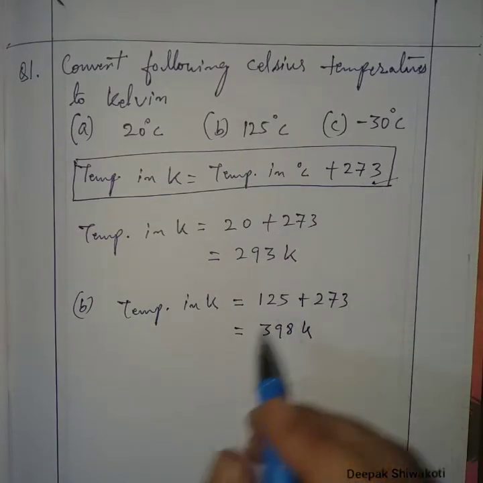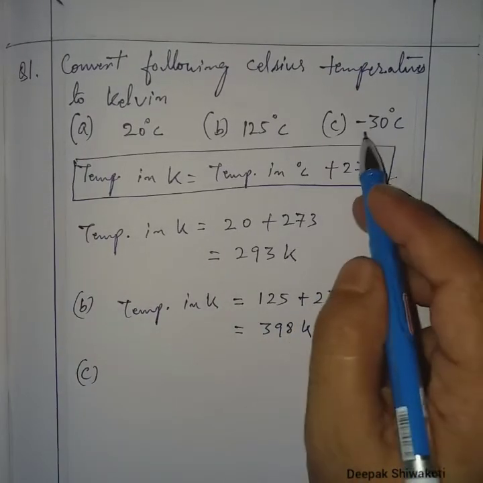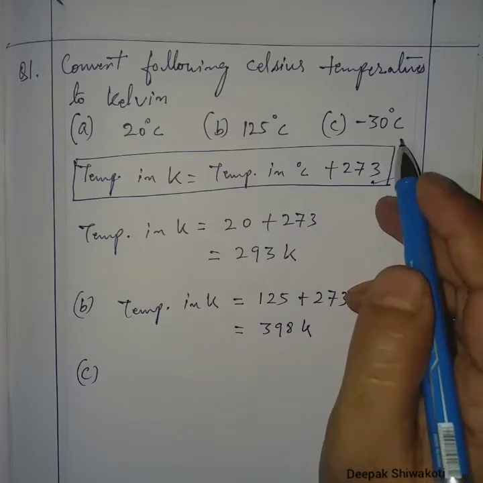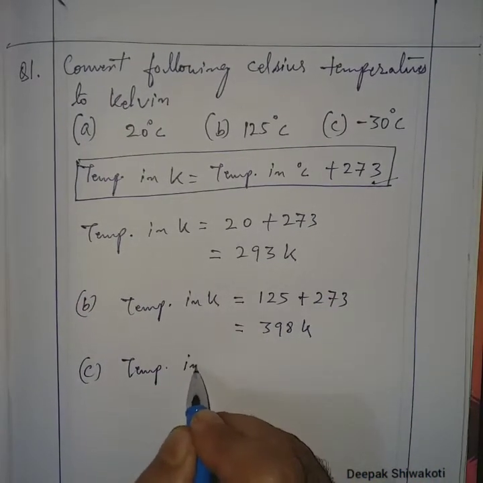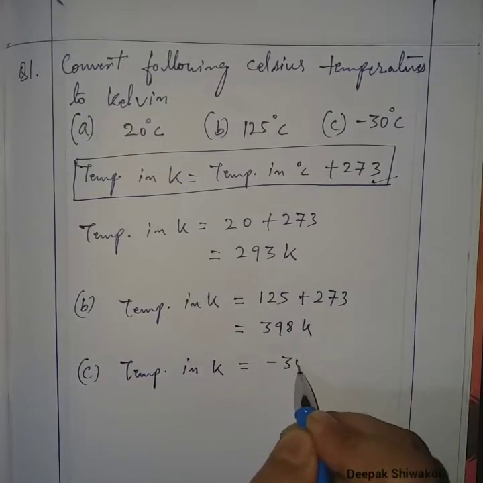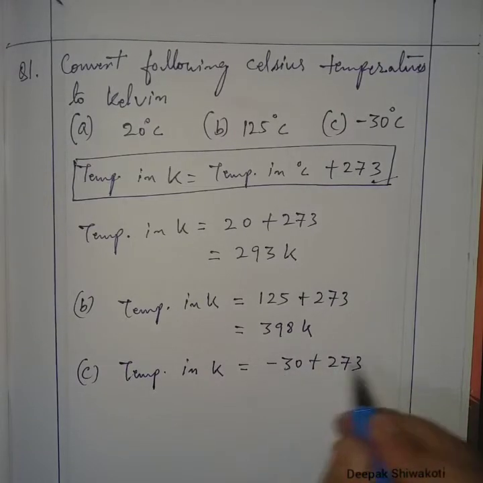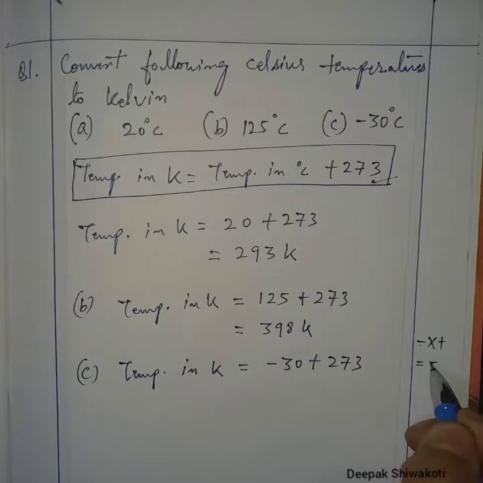Okay, now number C is minus 30 degree centigrade. Remember this is minus 30 degree centigrade. Temperature in Kelvin will be equal to minus 30 plus 273. Plus into minus, minus into plus, we have to do minus.